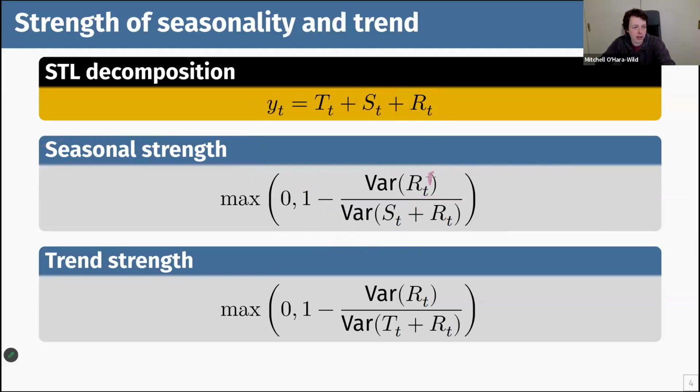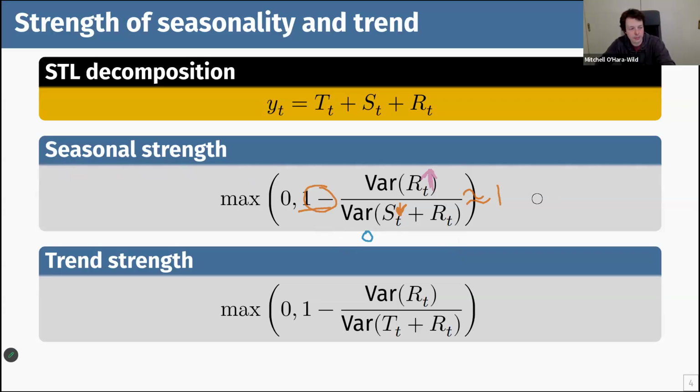If I had a very large random variation and a very small seasonal variation, my seasonal variation plus my random variation will be roughly the same. So this is approximately equal to 1. And so 1 minus 1 will be equal to 0. And this tells us that my seasonal strength, I should say, is close to 0.